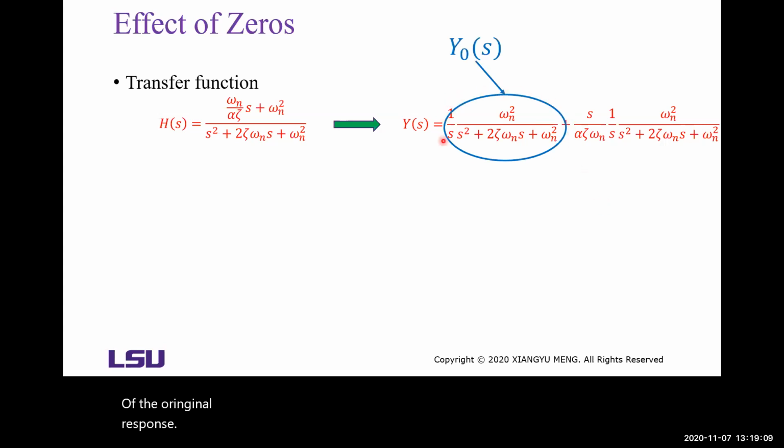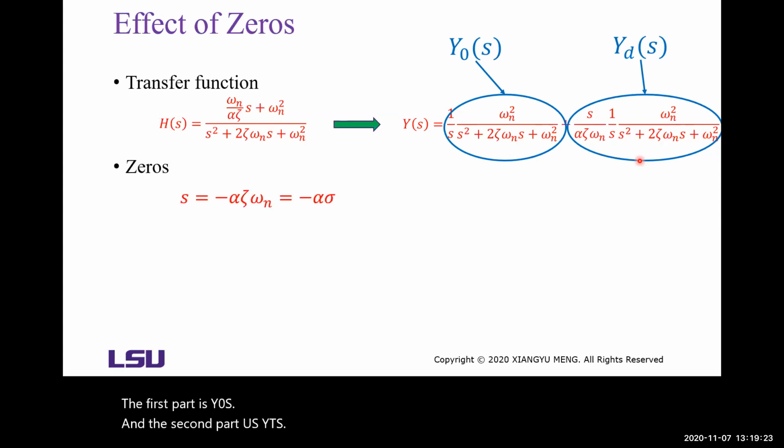Let's denote the first part as Y0(s), and the second part as Yd(s). Then we can parameterize the zero by using the parameter alpha here.